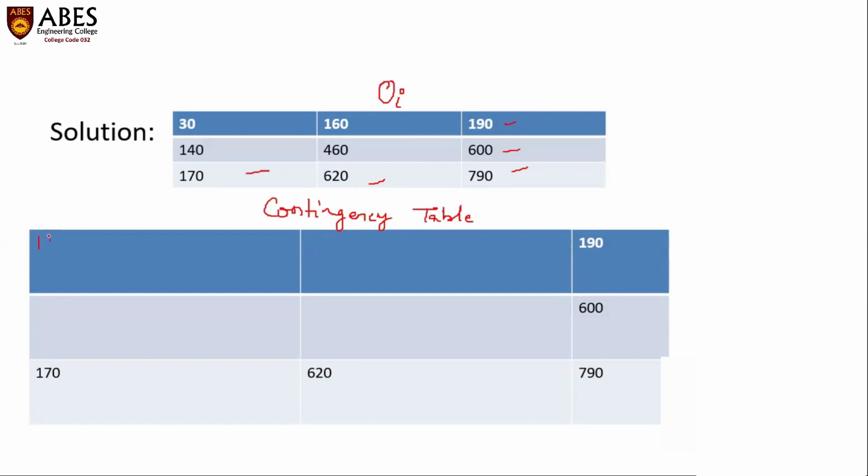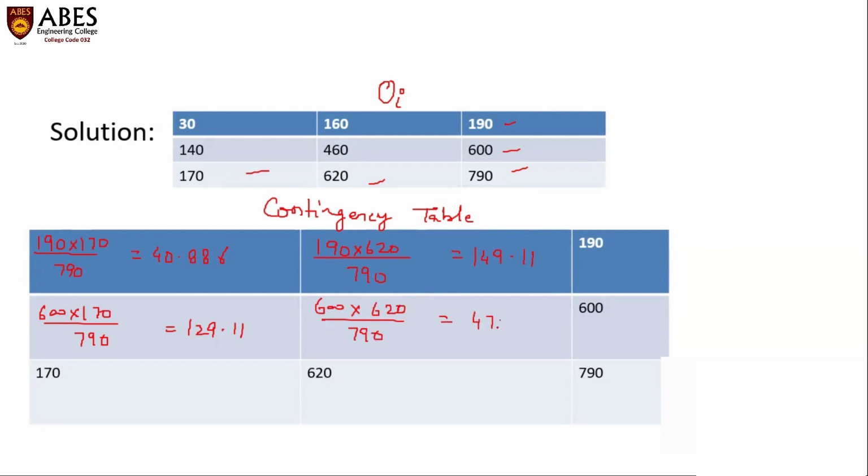So we just have to find 190 into 170 divided by 790, that is 40.886. Similarly, 600 into 170 by 790 equals 129.11. Then 190 into 620 divided by 790 equals 149.11. And finally, 600 into 620 divided by 790 comes out equal to 470.8.